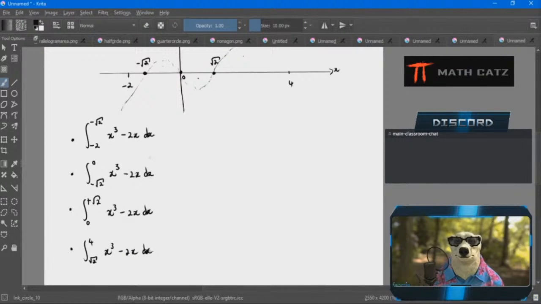Now I don't know going in how many of these splits will have to occur. I have to find the x-intercepts, and that tells me, oh, there are 3 of them in this interval. Fine, let's do it. This is really worst case. But notice that the antiderivative is always the same. I have 1 over 4 x to the 4 minus x squared. I'm going to plug in these numbers.